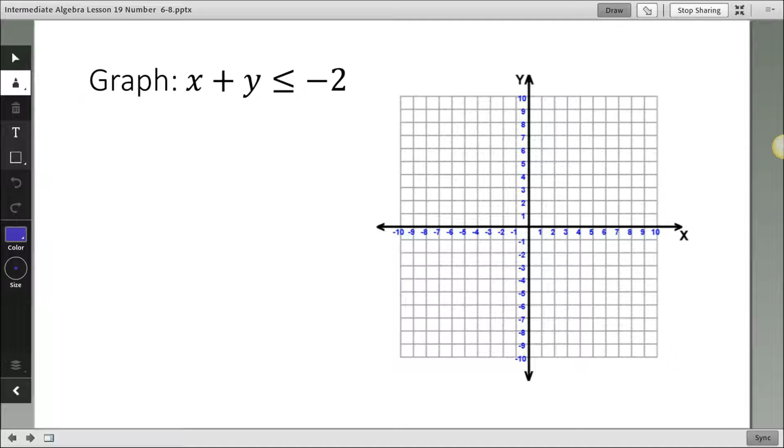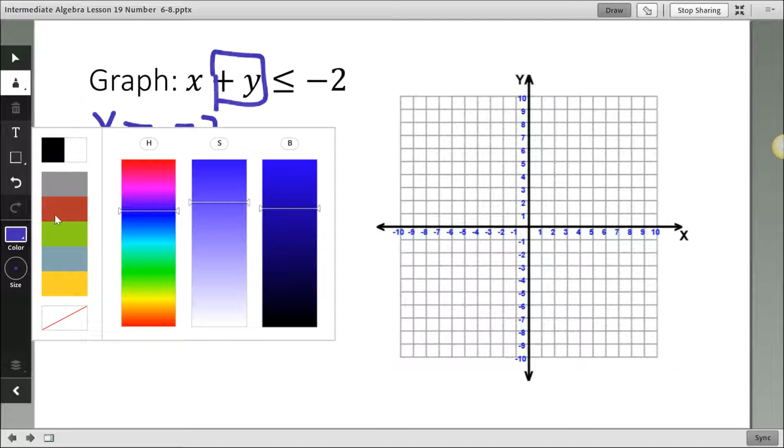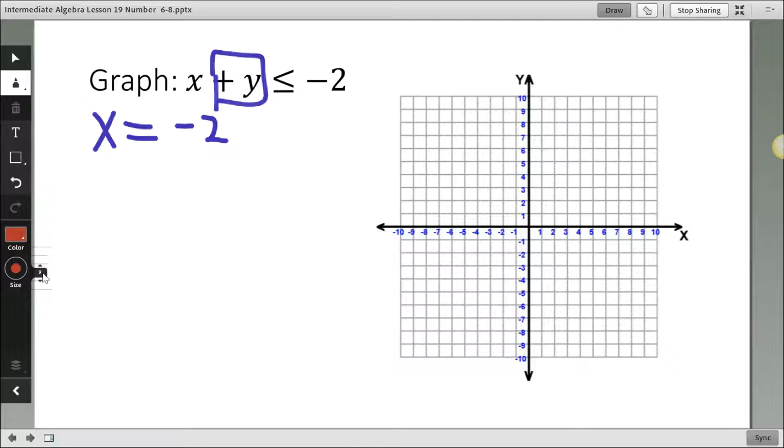So for just a second, I am going to ignore this part of the inequality, and I am going to just take this part, and instead of using the inequality symbol, I'm going to use equals, and that is my x-intercept. So I can plot a point on the x-axis at -2. Okay, now I can do the same thing for y.